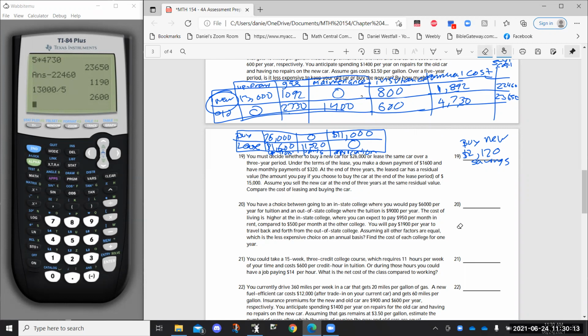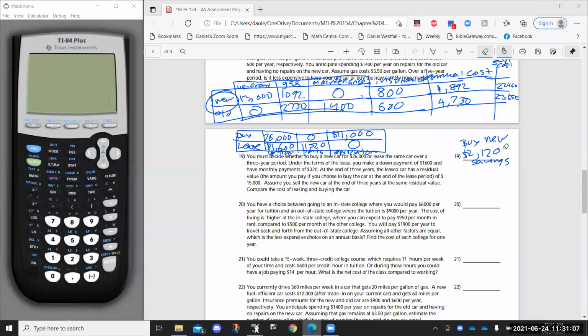Fix these numbers. Give me one second. Okay, so my cost of owning the new vehicle is the depreciation. So this is the $11,000 difference over here.